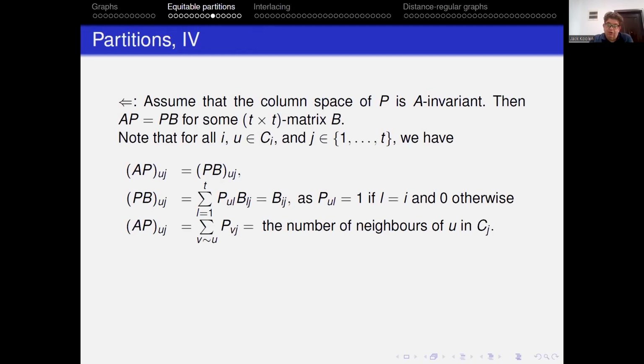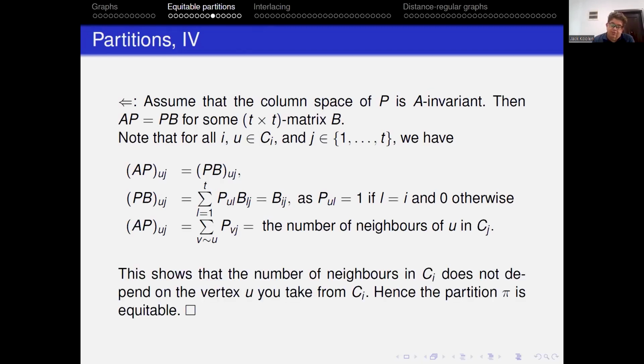And this we can also calculate, that is just the number of neighbors of u in Cj. So that must always be a constant B_ij, yes? That means that the number of neighbors in Cj does not depend on the u you take from Ci. I'm sorry, that must be Cj, not Ci. Hence, the partition pi is equitable.